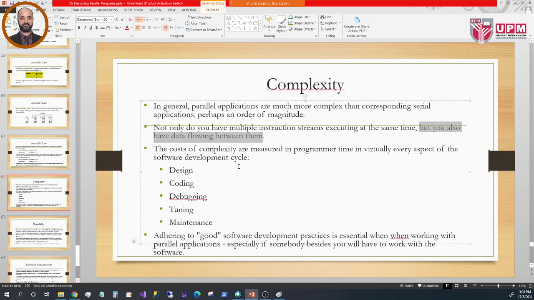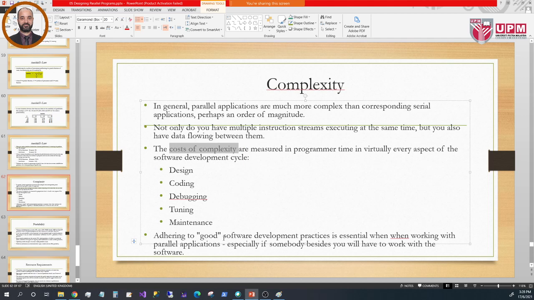The costs of complexity are measured in programmer time in virtually every aspect of the software development cycle. So we have design, coding, debugging, tuning, maintenance. So this complexity actually is a cost. Okay. So parallelism will introduce this complexity, but as I said, if saving execution time could save lives, then we have to take the risk of the extra cost resulting from the complexity to save lives.